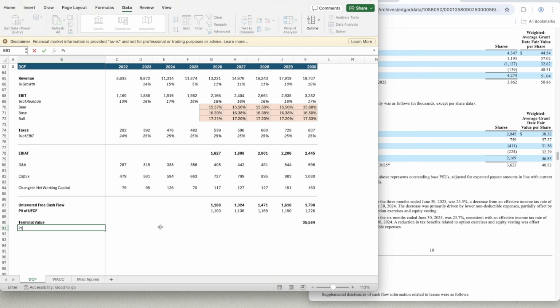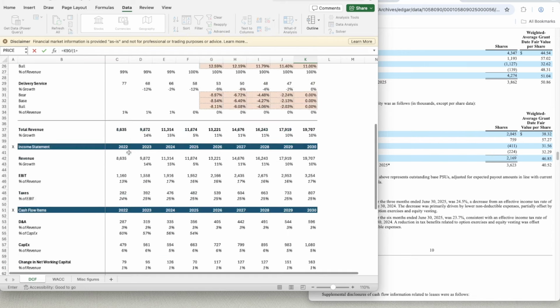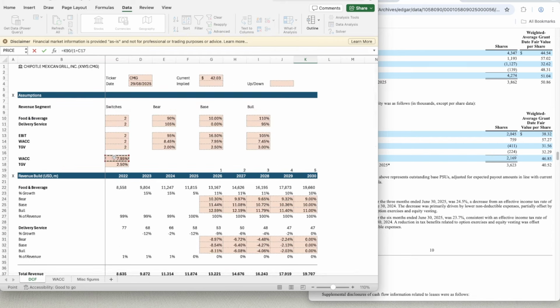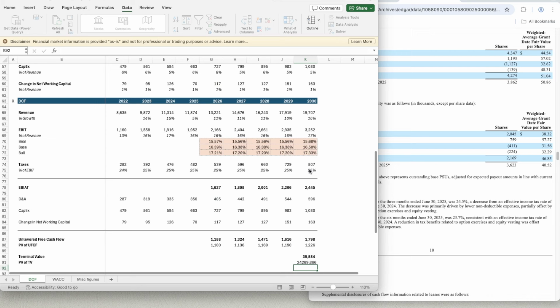And we want to find the present value. So the PV of TV, the present value of the terminal value, is going to equal the terminal value divided by 1 plus the WACC to the power of the final year, which is number 5.